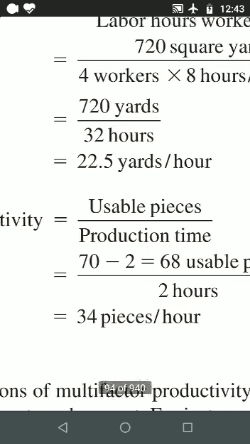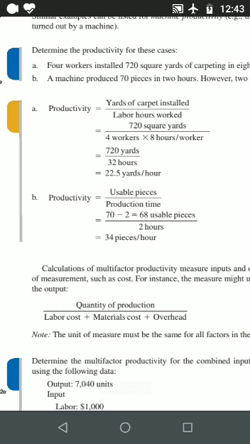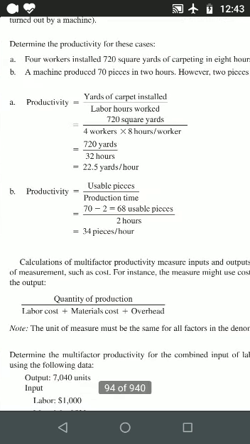So now friends, we have already learned in the class that there are various types of productivity calculations.